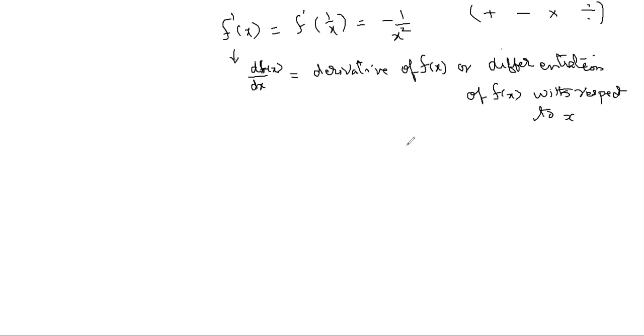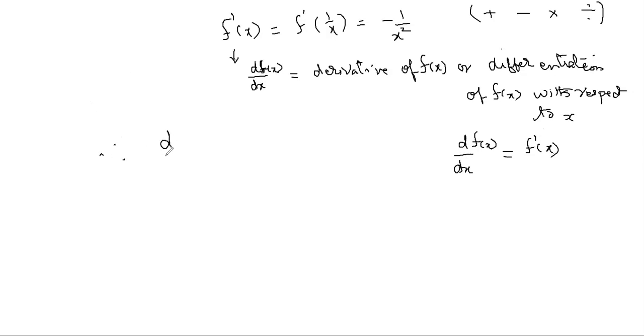So what we have seen: either we write d by dx of f(x), meaning derivative of f(x), or differentiation of f(x) with respect to x, or we can say f dash x, one and the same thing. Okay, so therefore we got the formula.